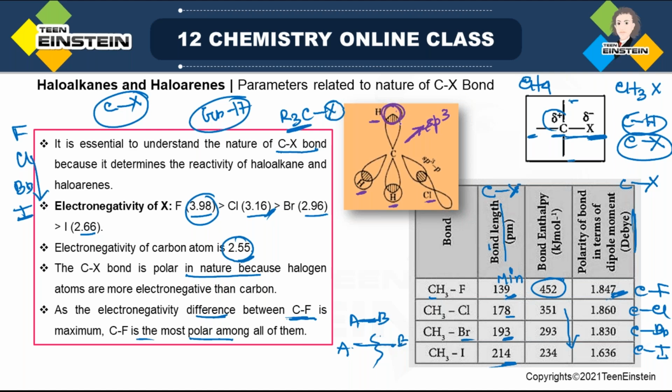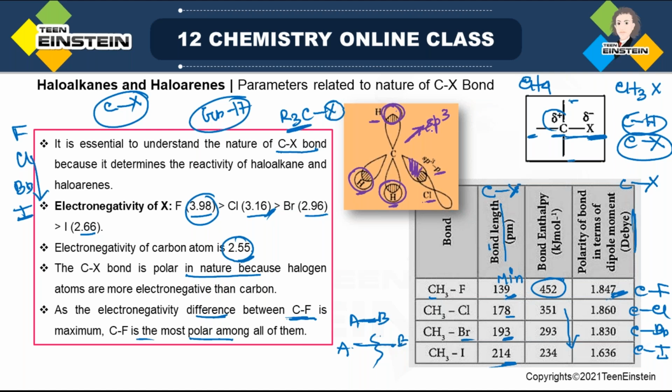So this is 1s of hydrogen, 1s of another hydrogen, 1s of the third hydrogen. And the fourth sp3 orbital is used for sigma bond formation with chlorine, and chlorine is using its p orbital. It will be 3p because it is from period 3. So this is the basic structure.